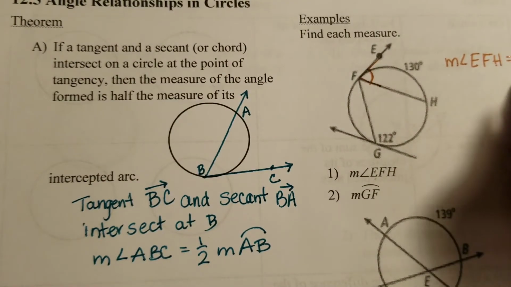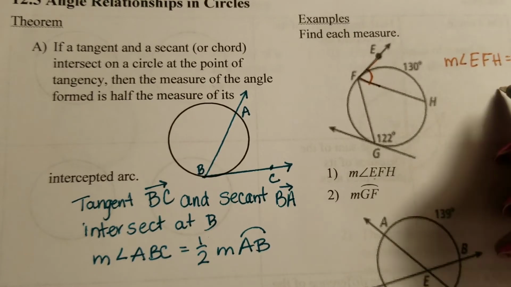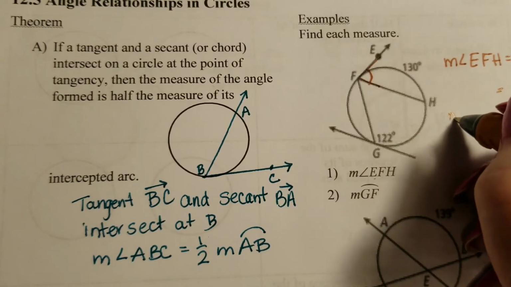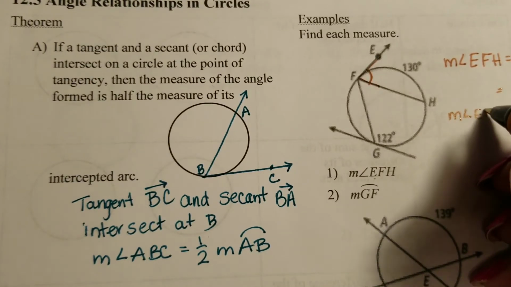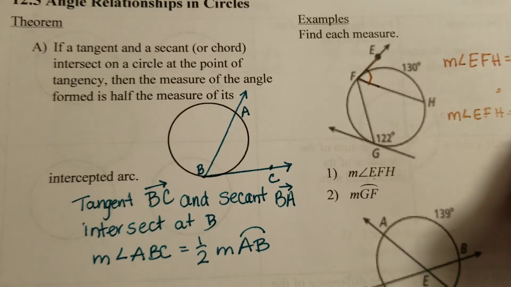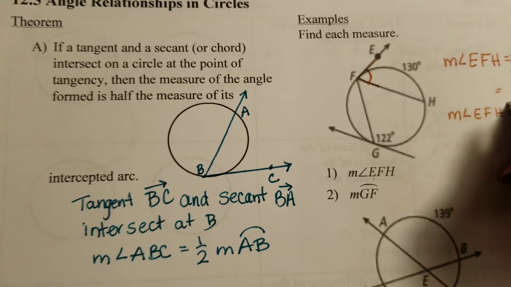Well, that arc is 130 degrees. Not 1/3, 1/2, sorry about that. So the measure of angle EFH is 1/2 of 130, which is 65 degrees.